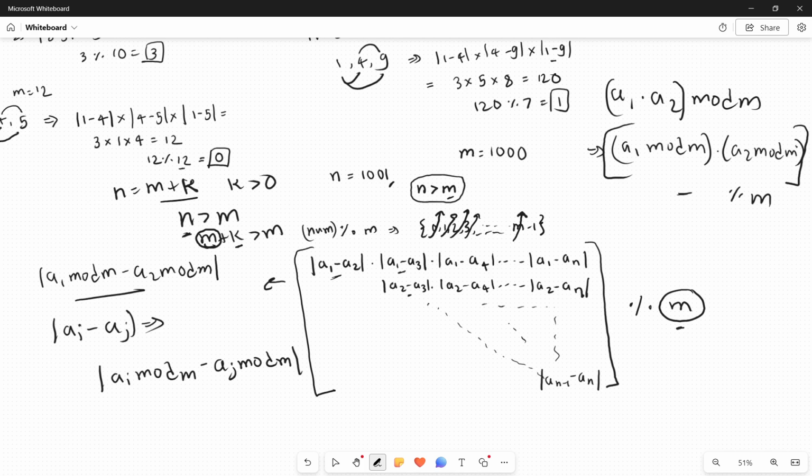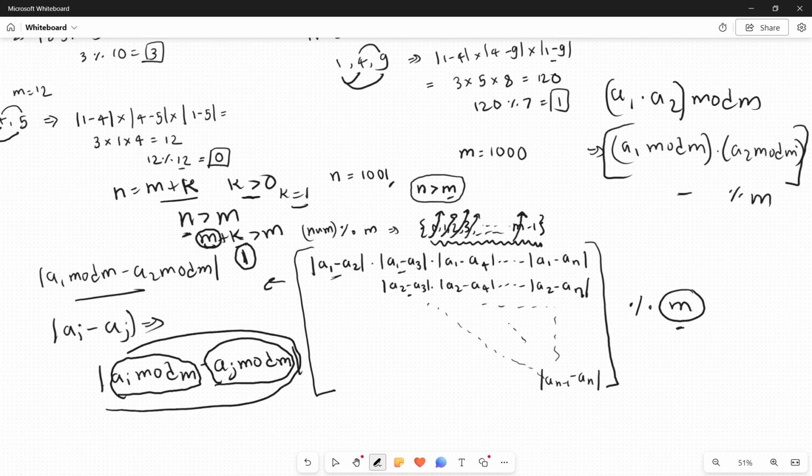But the remaining k values, see, k is greater than 0, suppose take k is 1 for simplicity, then that one value which this element has will again map to one of these values. Okay, then what we are getting is that ai mod m and aj mod m will become the same and render this whole product to 0.